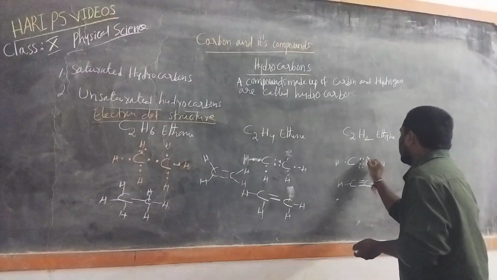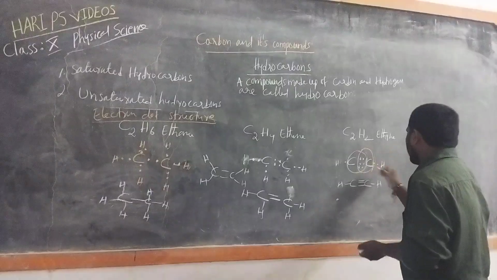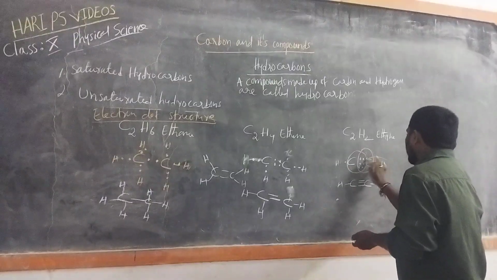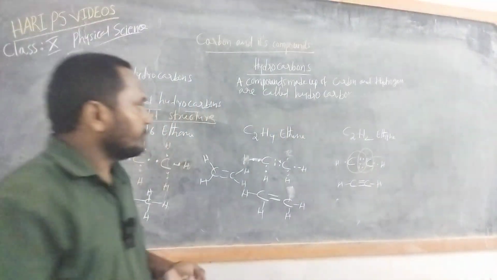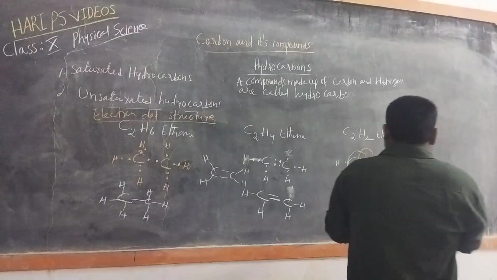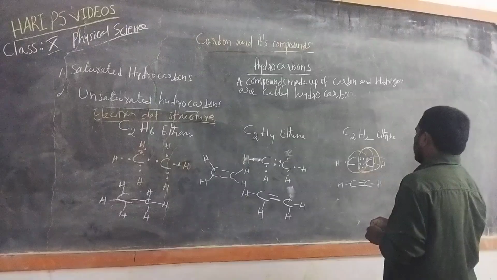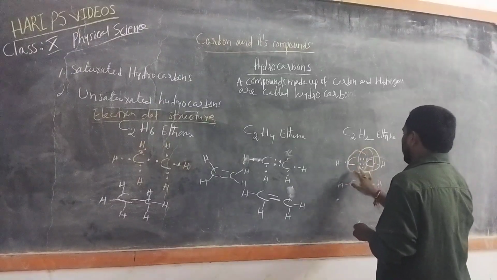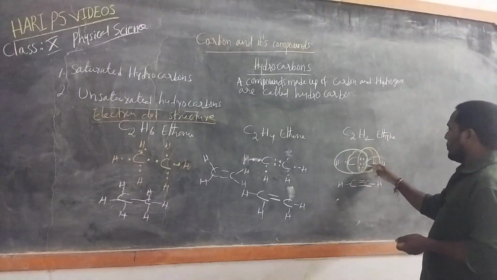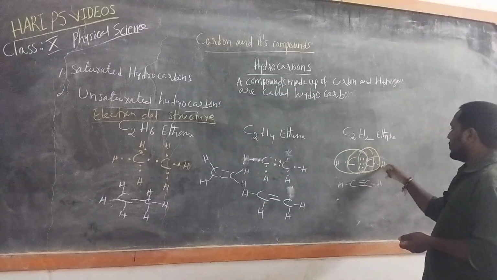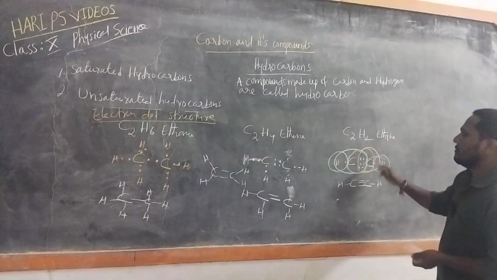These are for one carbon atom, and this is for the other carbon atom. Between carbon and carbon, three pairs. Between carbon and hydrogen, one.